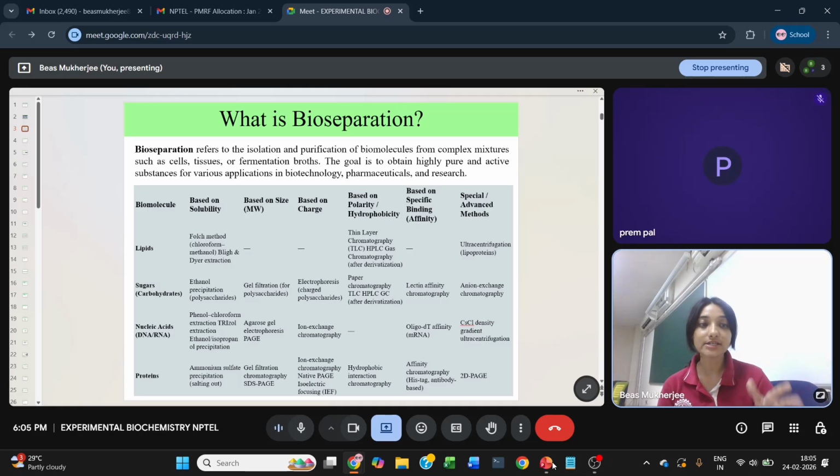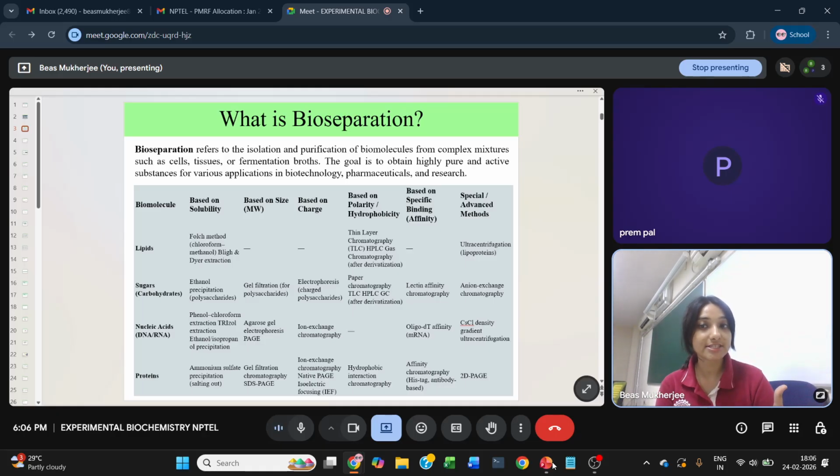Now, here is a table for you. Different kinds of biomolecules are separated based on different properties. For example, lipid separation is majorly based on solubility, polarity, or hydrophobicity.